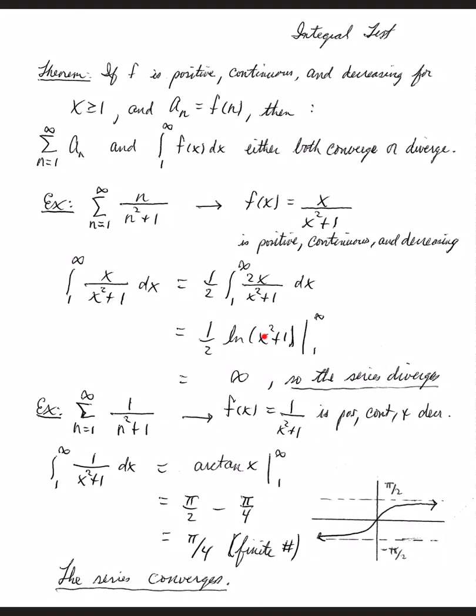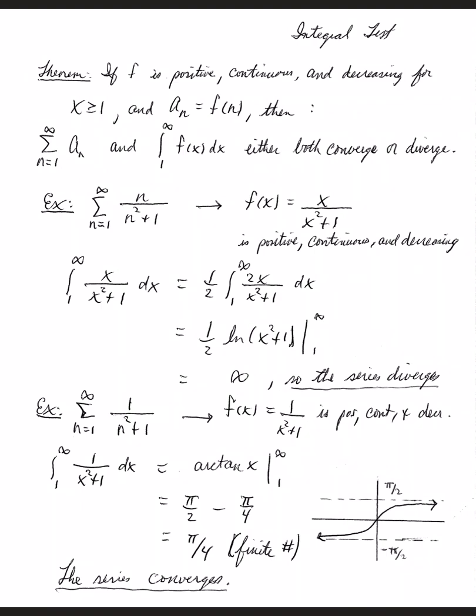Plugging a 1 in is natural log of 2, which is finite, but that infinity rules over all of it. And so, because that's not a finite value, the integral and consequently the infinite series diverge.